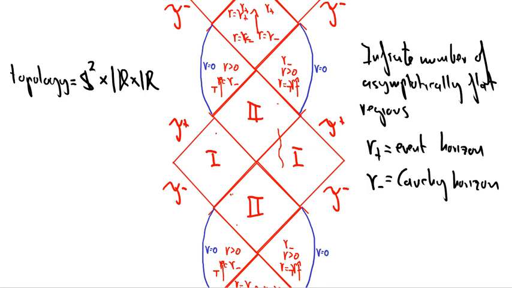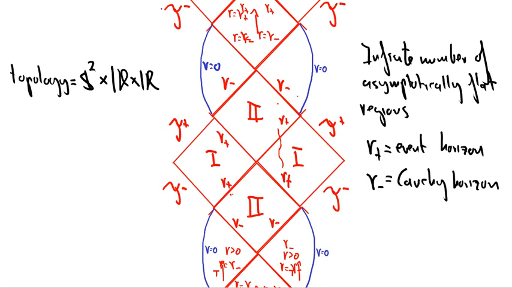So this was r plus, r plus, r plus, r plus, and this is the Cauchy horizon, r minus, r minus. And this is r equal to 0.